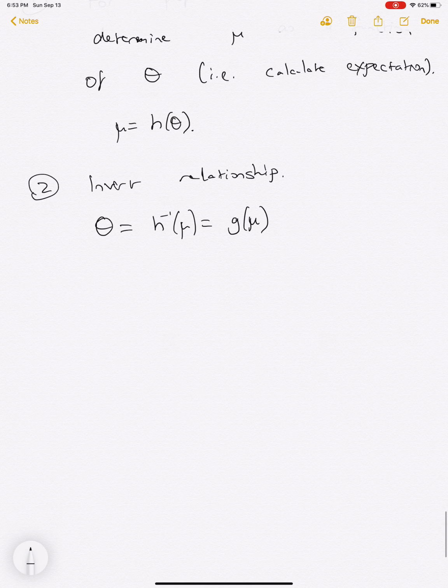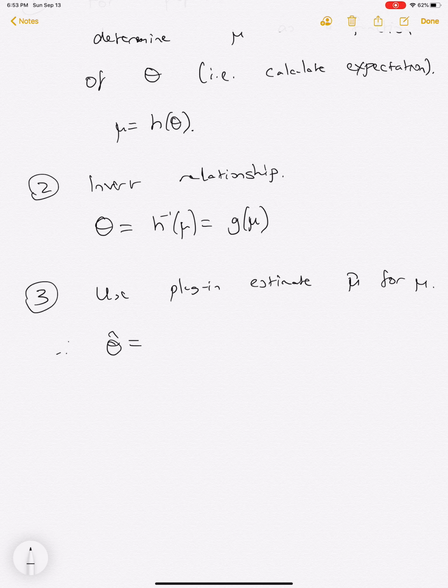Then the estimate that you get is simply to use a plug-in estimate mu hat for mu. So therefore our estimate is theta hat, which is g of mu hat. Okay, so those are the three steps that you need to follow from a calculations point of view to use the idea of method of moments.